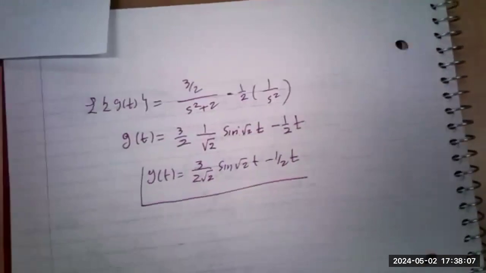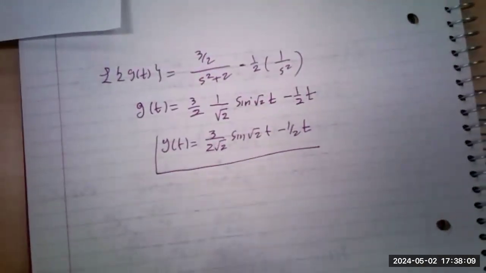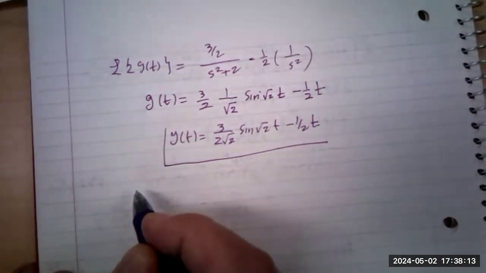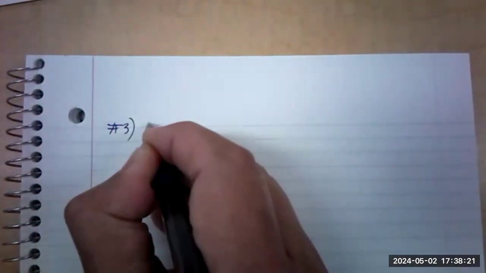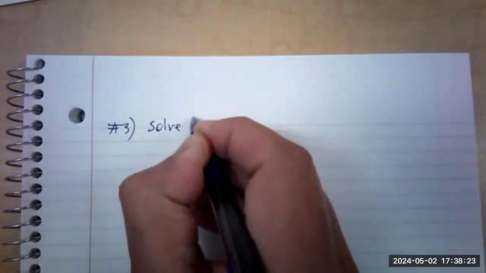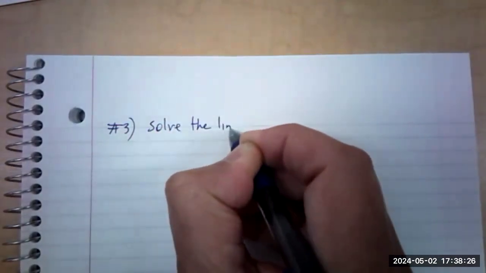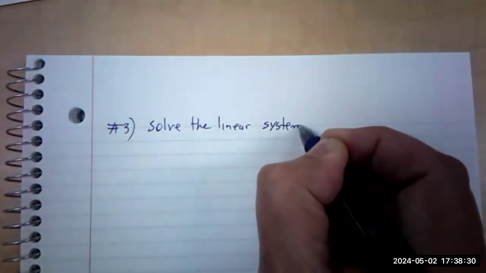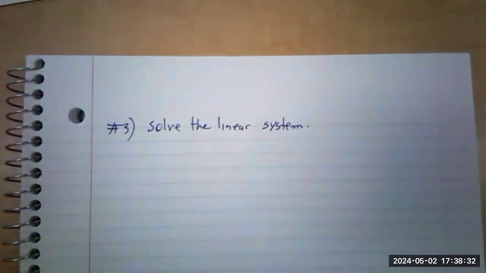So you want to solve a linear system. We call them linear systems on the test. So this is going to be, next page, number 3. On the test, we say solve the linear system. You didn't ask for the Laplace transform, so you are free to use the eigenvalues and you must.